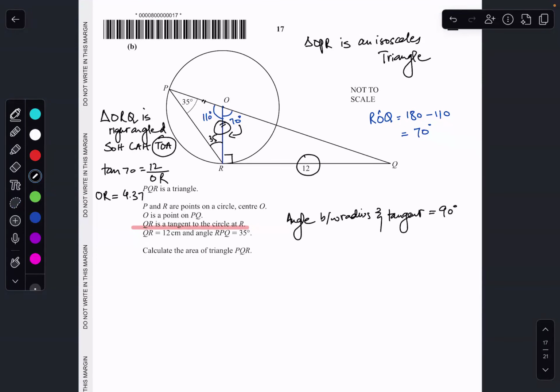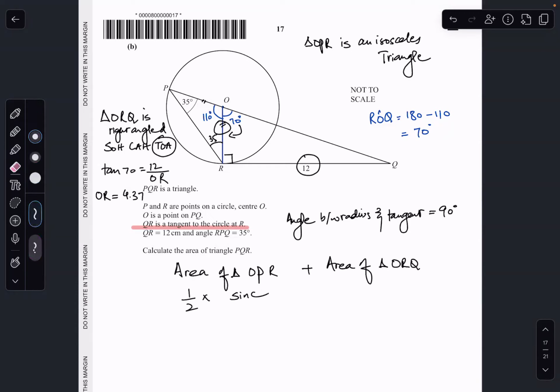Now that we have OR, I can easily split this into two areas. Area of triangle OPR, which is a non-right angle triangle, plus area of triangle ORQ, which is a right angle. For this one, I'm going to use 1 by 2 times ab sine C. a and b are the two neighboring sides of the angle in between.